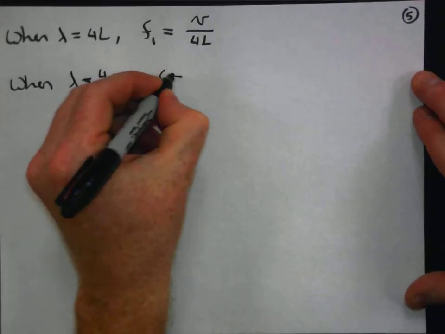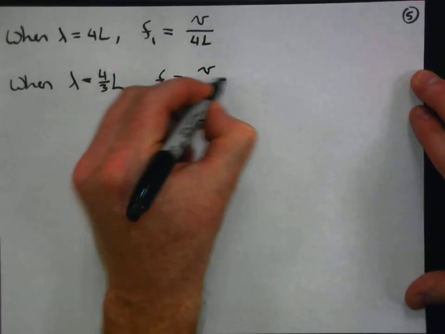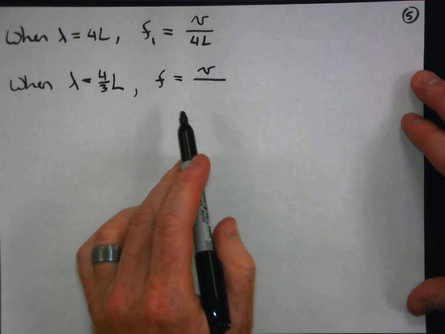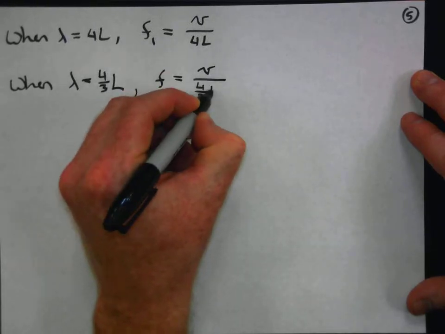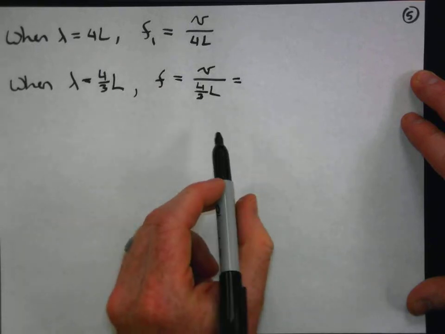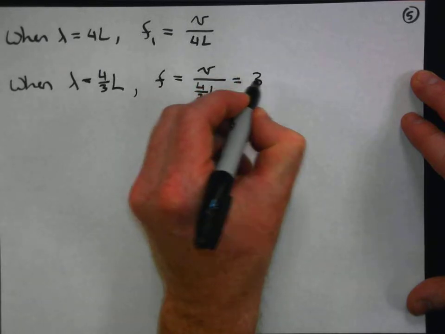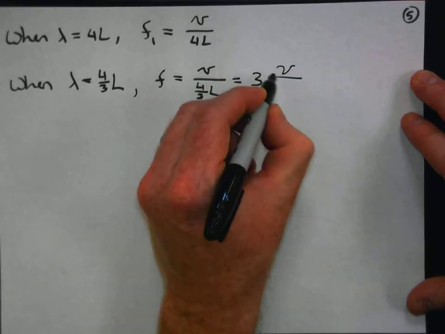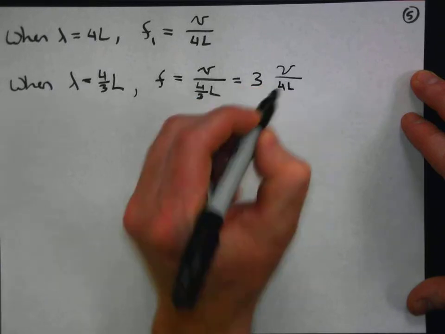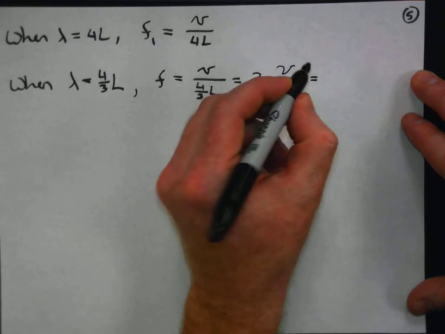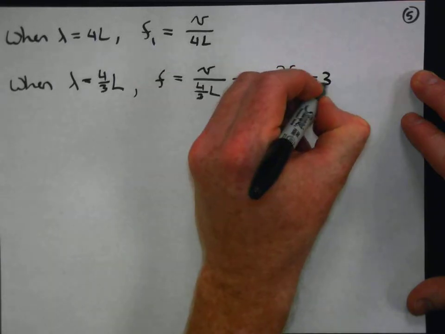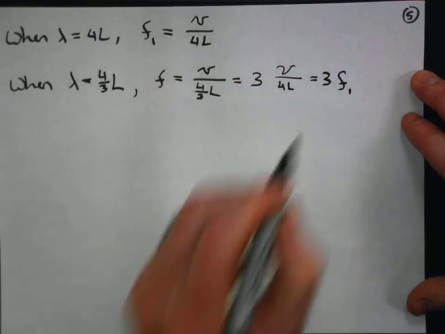And we have velocity divided by our wavelength, 4/3 L. So this is equal to 3 times velocity over 4L. And you recognize that right here. So what we have is 3 times that fundamental frequency.